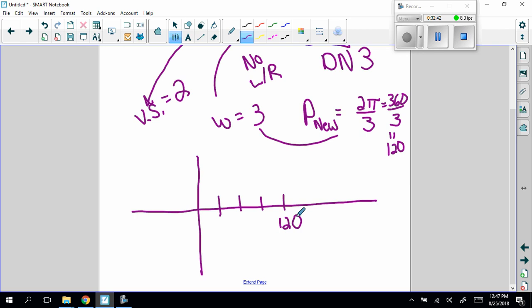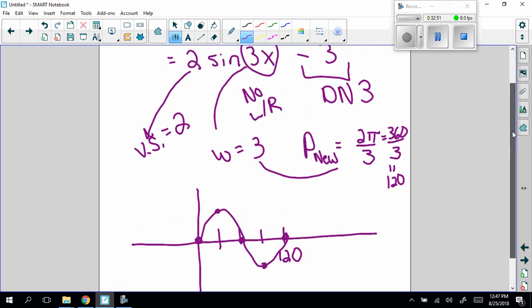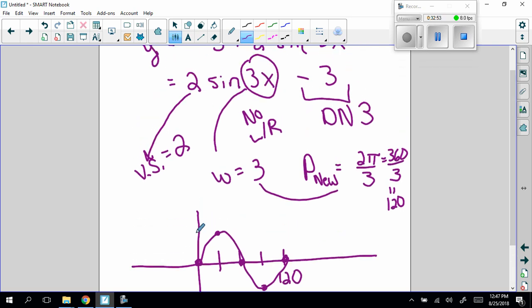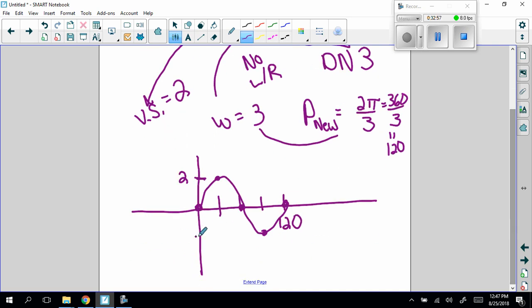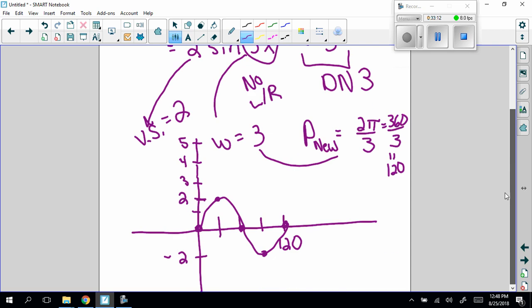I'm supposed to graph a regular sine, no flippy flippy, no right left. The vertical scale is 2. Do I feel like shifting this graph down 3?